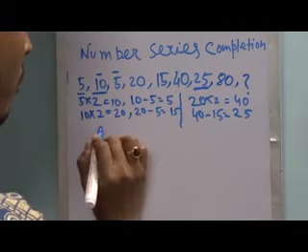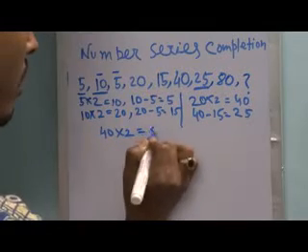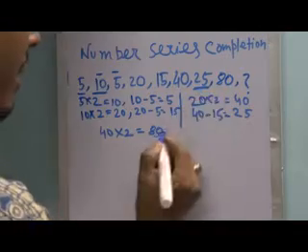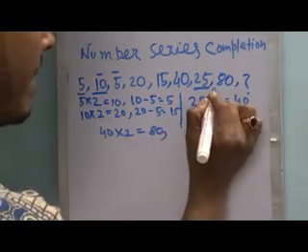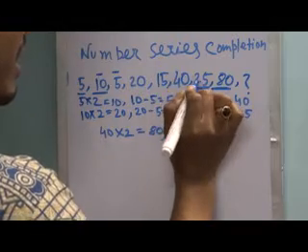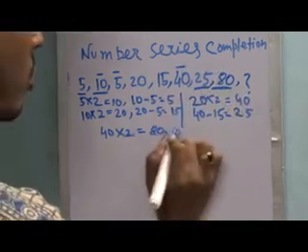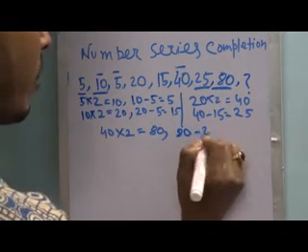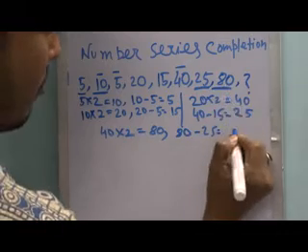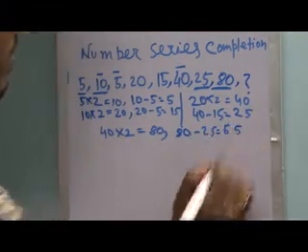And now 40 into 2 equal to 80, and similarly if we subtract 25 from 80, because once we double this number, we have to concentrate over the previous two numbers. So 80 minus 25 equal to 55.